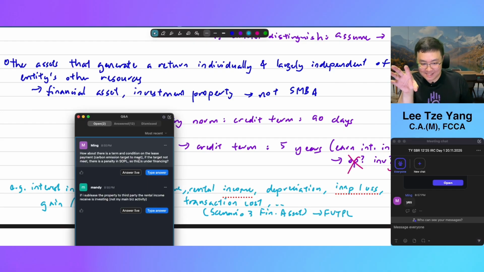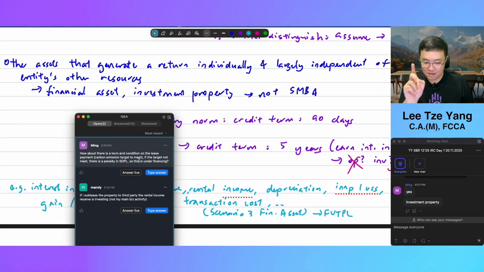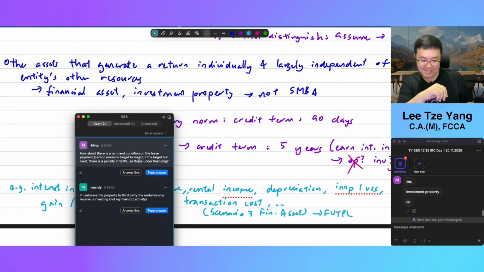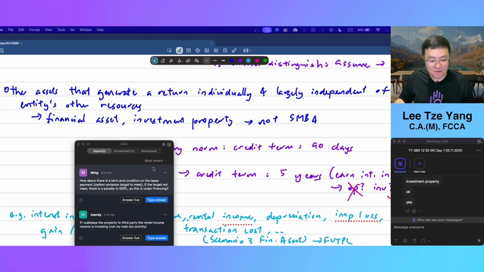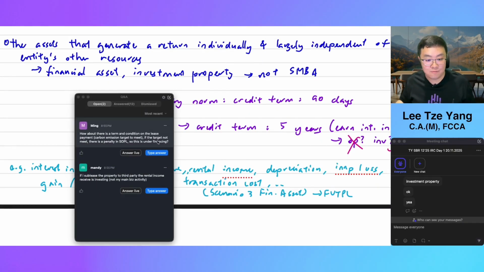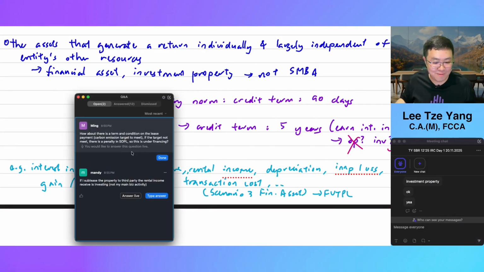If the lease is in relation to something you use in your operation, operating. If you lease investment property and then lease it out, this is sublease, which can be quite complicated. If it is investing, then investing. But it cannot be under financing, because it's not interest. I hope I answered your question.